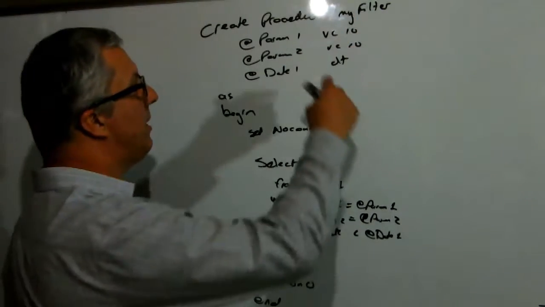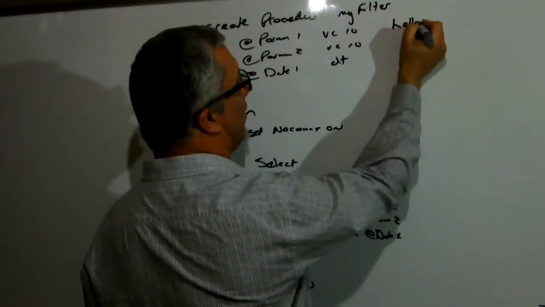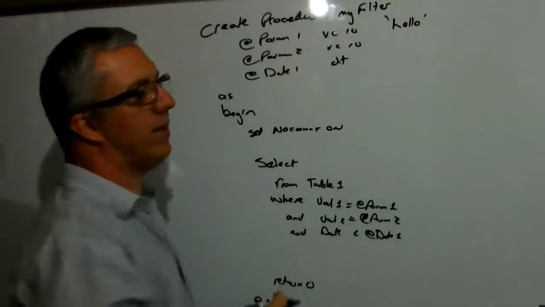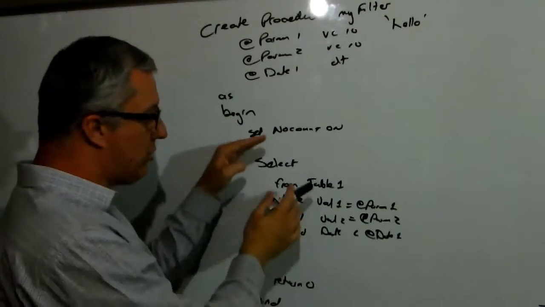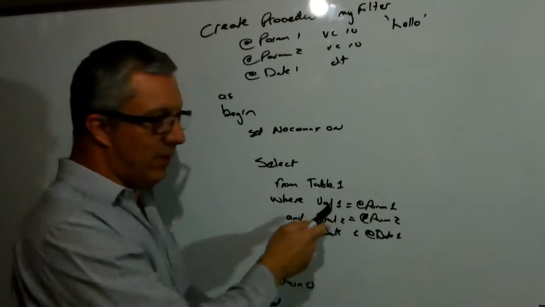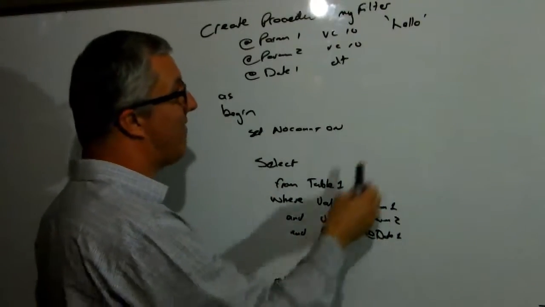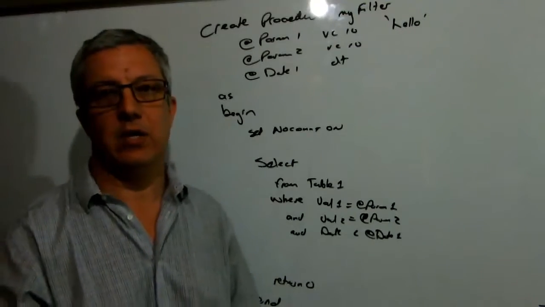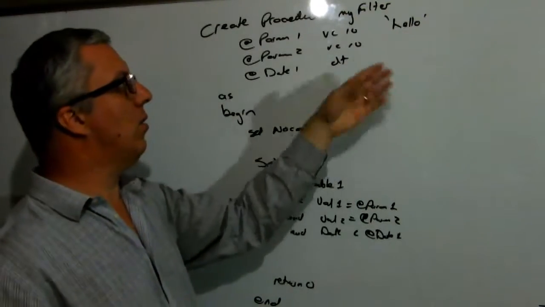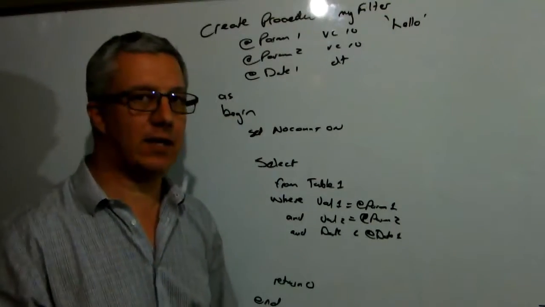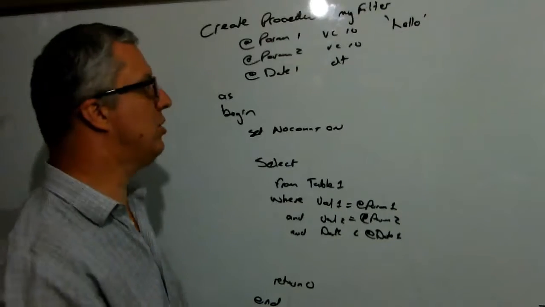So if the word in that varchar is hello, value 1 will only return the records that have exactly the word hello in that field. If the word is hello 1, or hello with just one L, or space hello, it's not going to find it. It must be an exact match. It's equal, so it's an exact match.